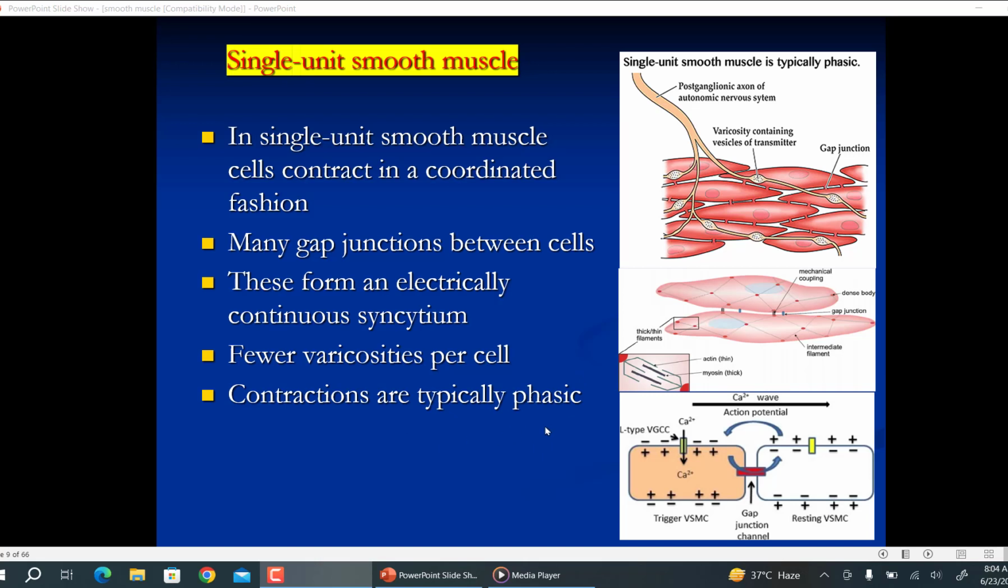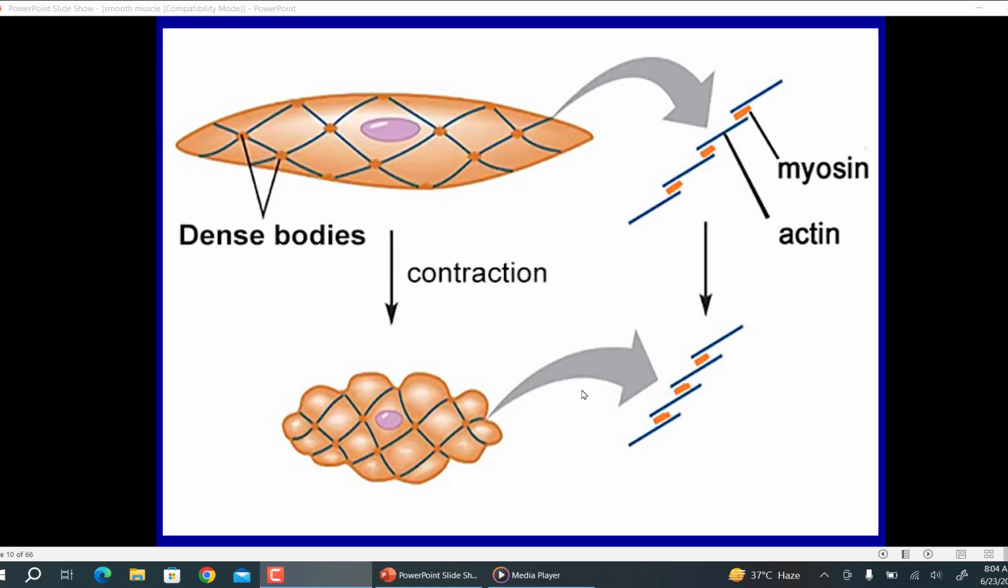Contractions are typically phasic. Relatively rapid contraction. The single unit smooth muscle contracts relatively rapidly compared to the multi-unit smooth muscles.